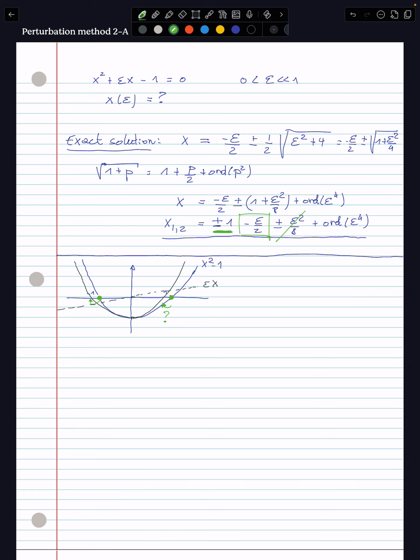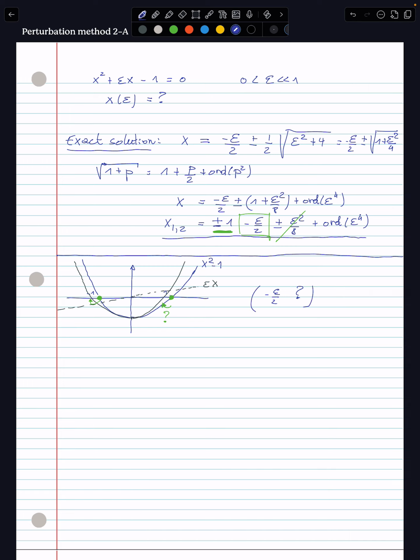Problem solved, right? The thing is that later, we won't have the chance to be able to write the exact solution and to derive the series expansion of the exact solution in order to get the asymptotic expansion of the solution. So we would like to determine whether or not there is a method to determine this shift, so minus epsilon over 2.